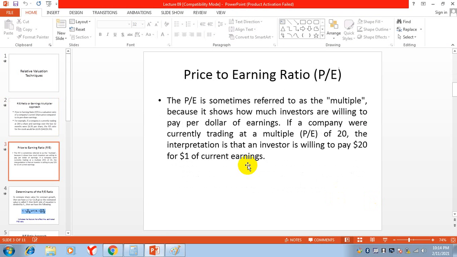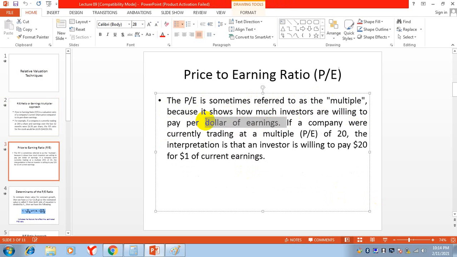Here is another example of price to earning ratio. The price to earning ratio is sometimes referred to as the multiple because it shows how much investors are willing to pay per dollar of earning. For earning $1, the shareholders are willing to pay how much? Here is an example.